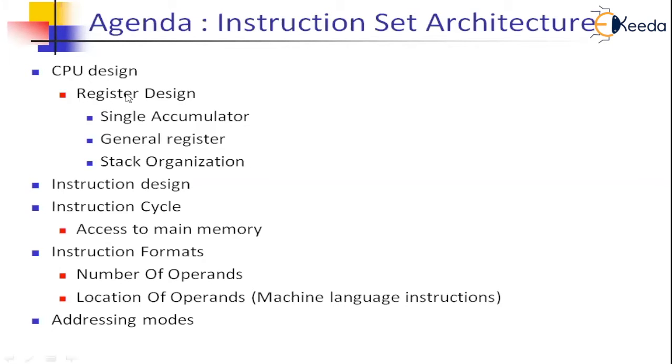But before we design the registers, we need to understand the basics of the main memory, because both registers and main memory store data. What is main memory? In main memory, we're going to store the programs.